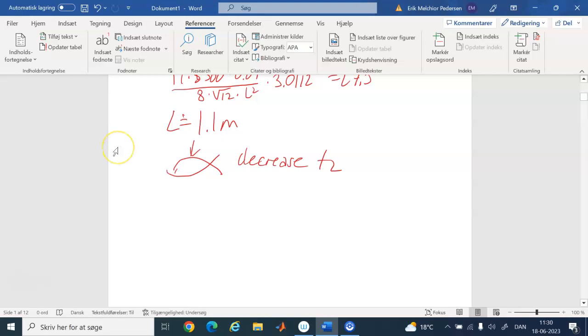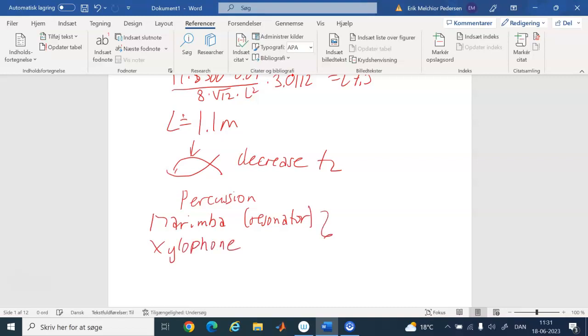So there are some percussion instruments. Marimba, with a resonator. There is a xylophone, which is made of wood.